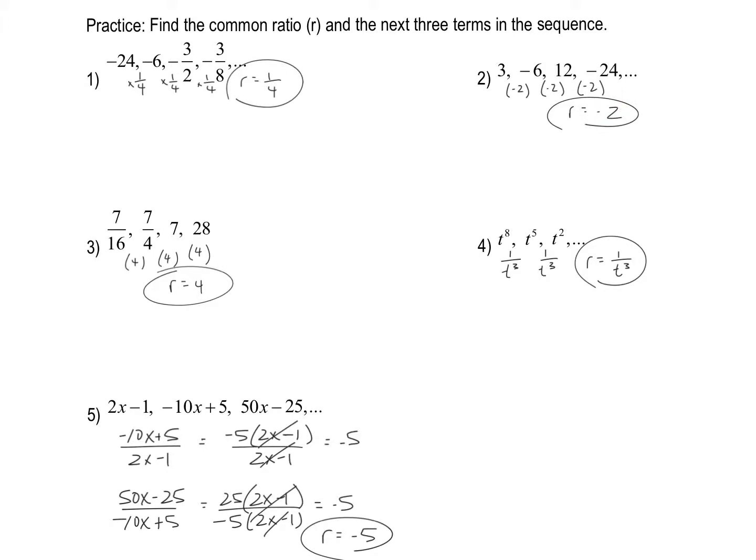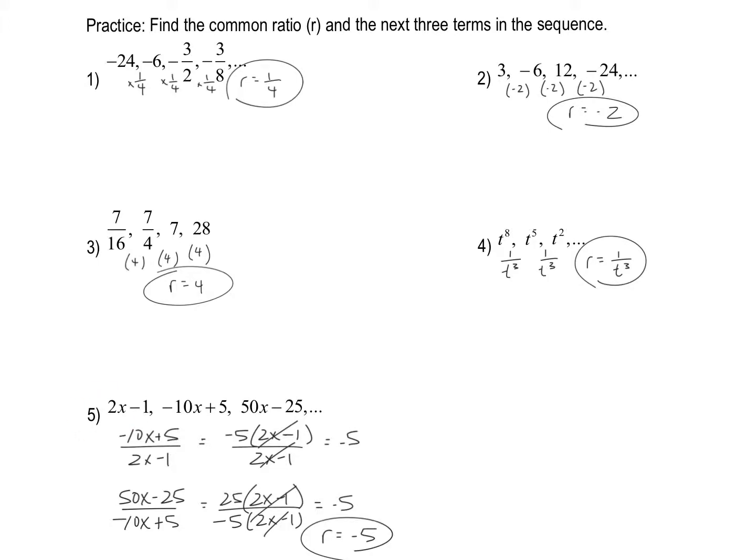In this case, we are multiplying by 4. It's easier to look at these 2 or maybe even these 3 to be able to tell that. But 7 over 16 multiplied by 4, the fraction reduces, gives you 7 over 4. So the ratio here is 4. In this case, again, we are dividing by t to the 3rd. So that means we are multiplying by 1 over t to the 3rd. So whatever you're multiplying by is the ratio.